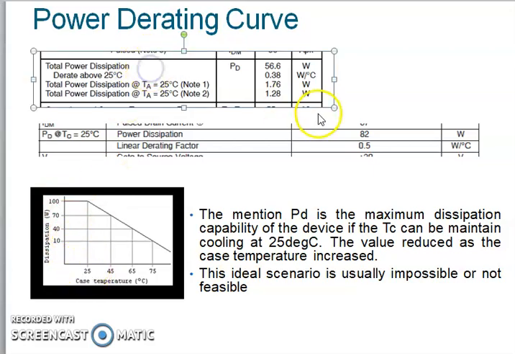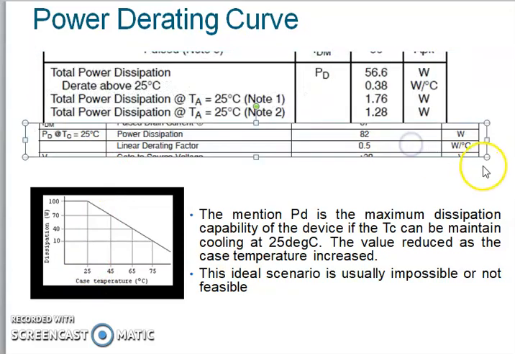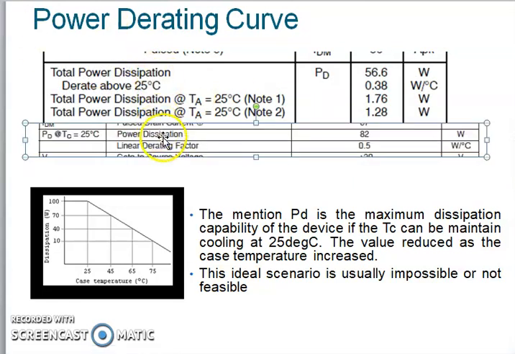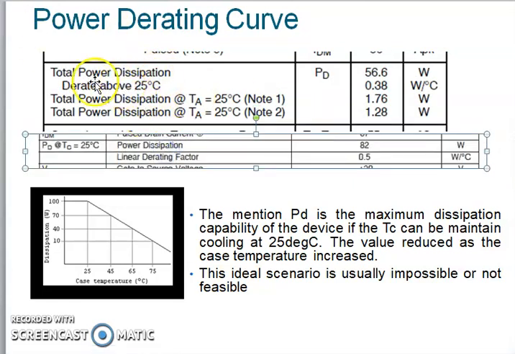So over here we have a certain table from the datasheet that we picked up previously. This is total power dissipation at an ambient temperature of 25 degrees C. You can dissipate up to 56.6 watts.